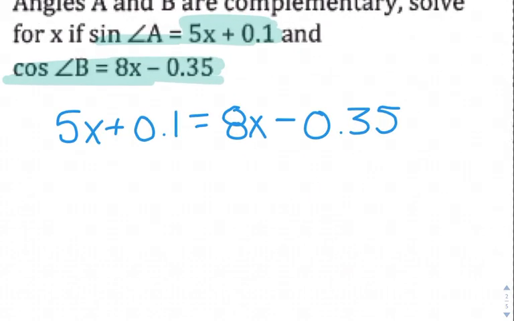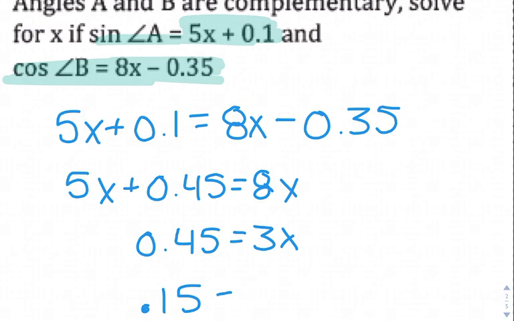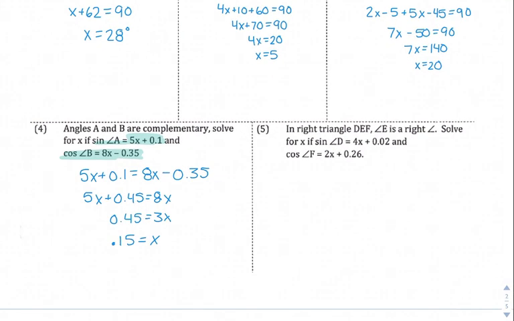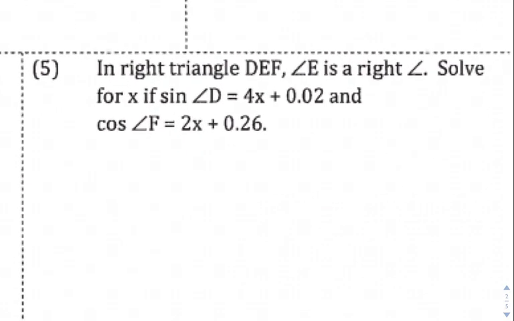Now I'm going to move the 0.35 over on the other side, and I get this. I'm going to subtract 5x on the other side and then divide by 3, and 0.15 is my x. So again, anytime they give you a decimal or not a degree, you set them equal. Number 5, they don't give you a degree, so we set them equal.